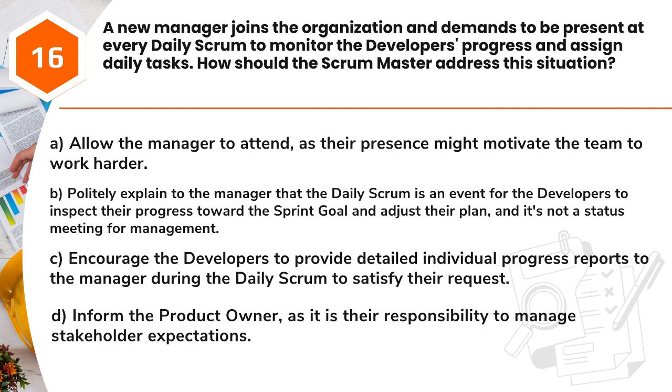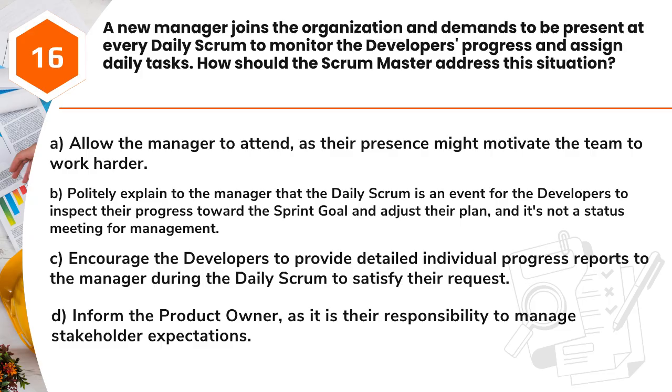Question 16. A new manager joins the organization and demands to be present at every daily Scrum to monitor the developers' progress and assign daily tasks. How should the Scrum Master address this situation? A. Allow the manager to attend, as their presence might motivate the team to work harder.